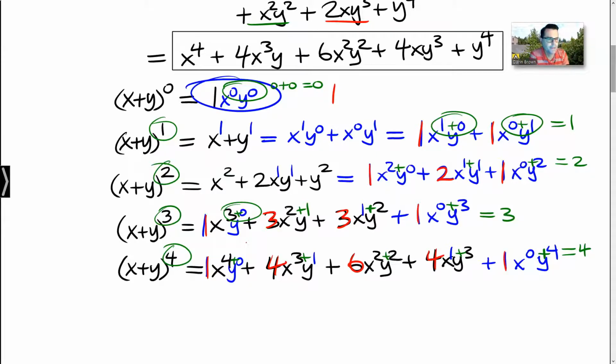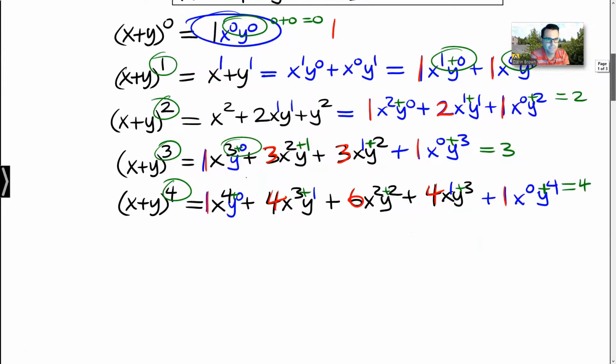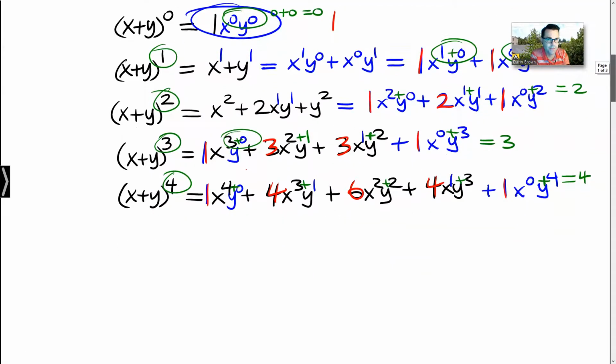Interesting. Now, this may remind you of something. Even if you haven't seen the binomial theorem, you may have seen this before. 1, 1, 1. 1, 2, 1. 1, 3, 3, 1. So what's going on here?